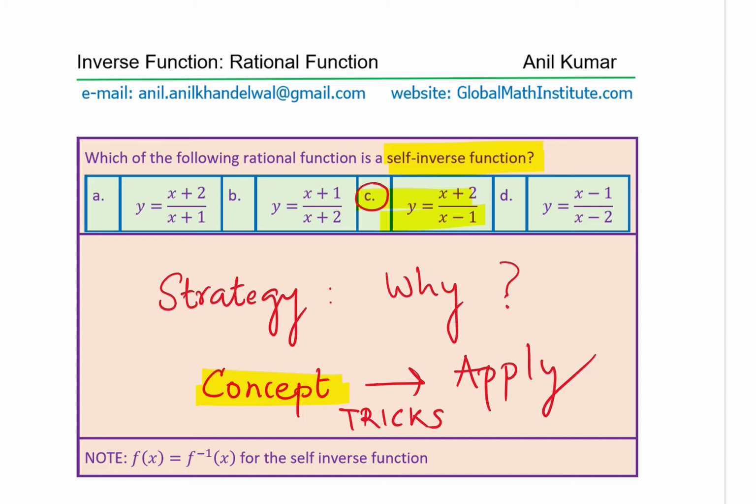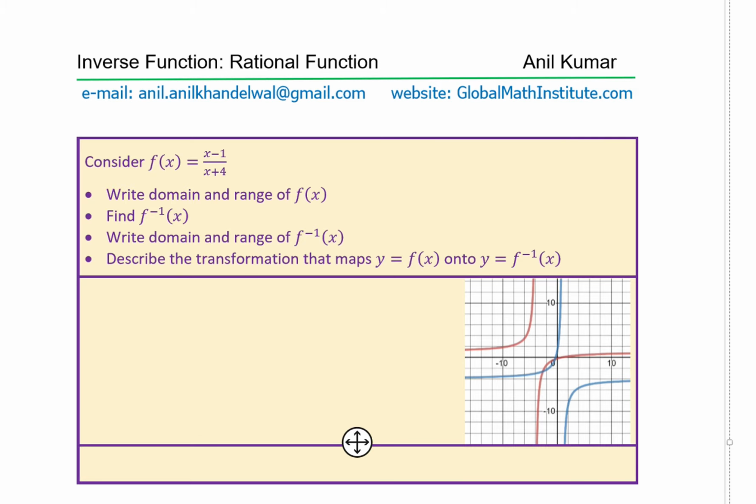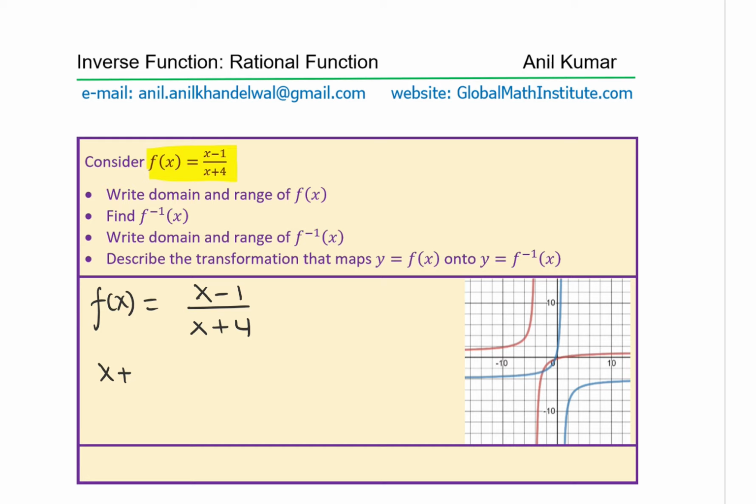So let's begin with the strategy on the very first question which is before us. Now we look into the function f of x, which is x minus 1 over x plus 4. As soon as you look into this function, what do you say? Well, we say that x plus 4 is not equal to 0, so x is not equal to minus 4, and that really is a vertical asymptote.